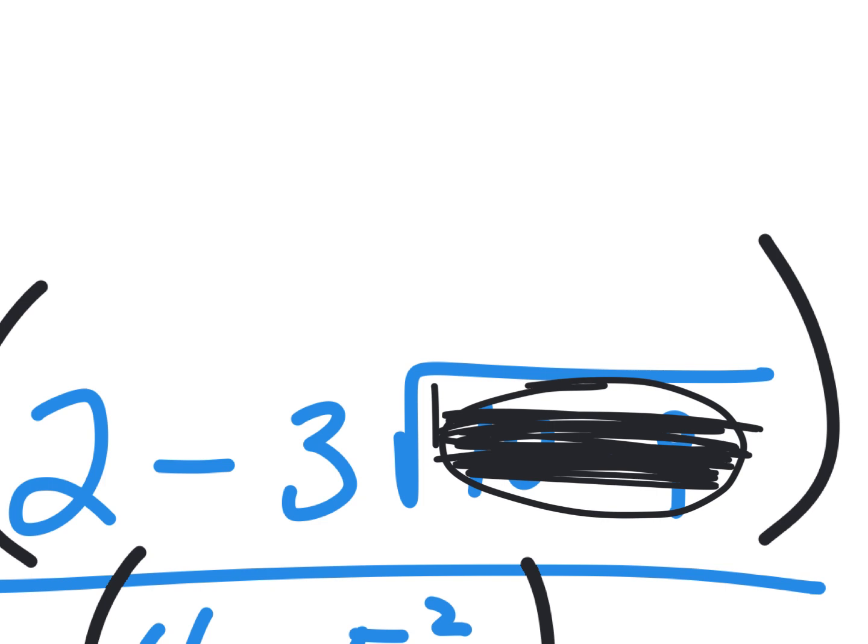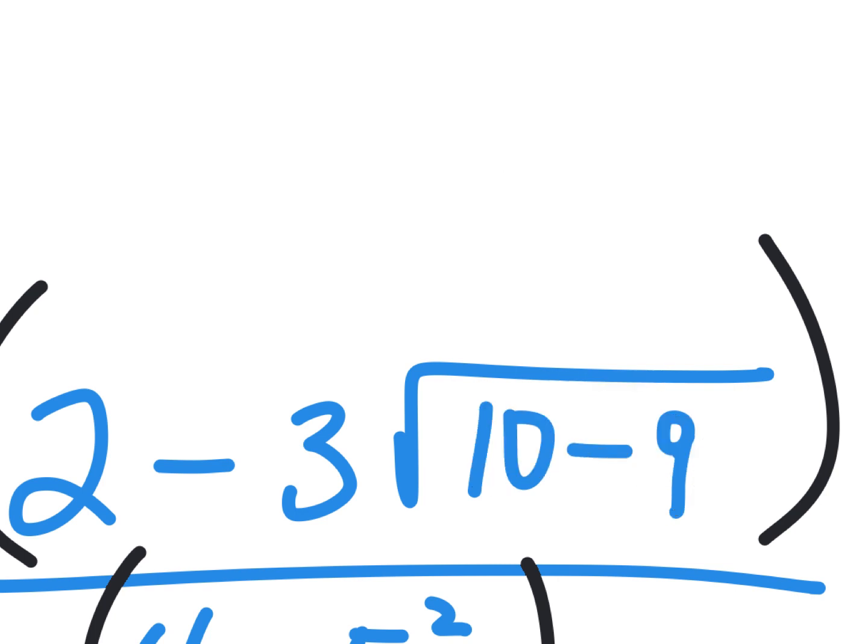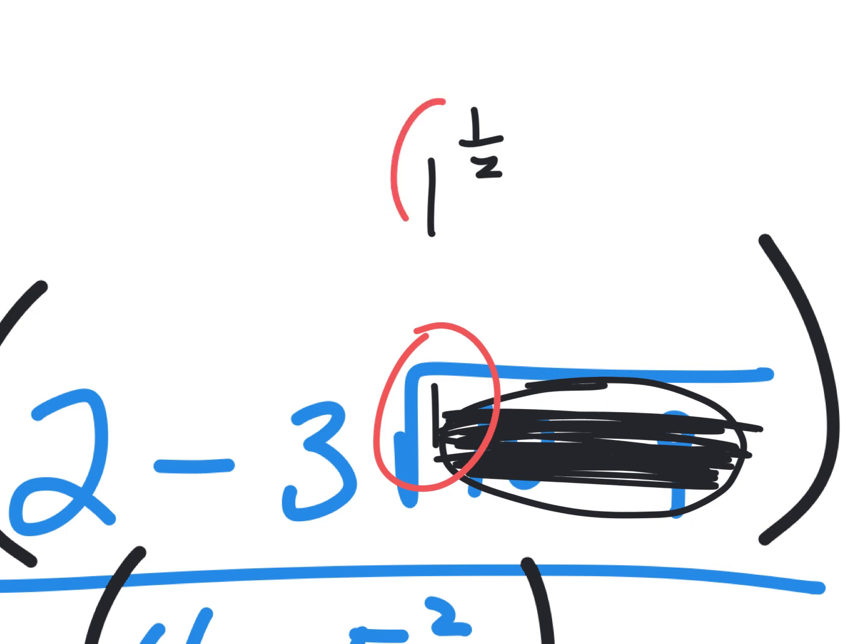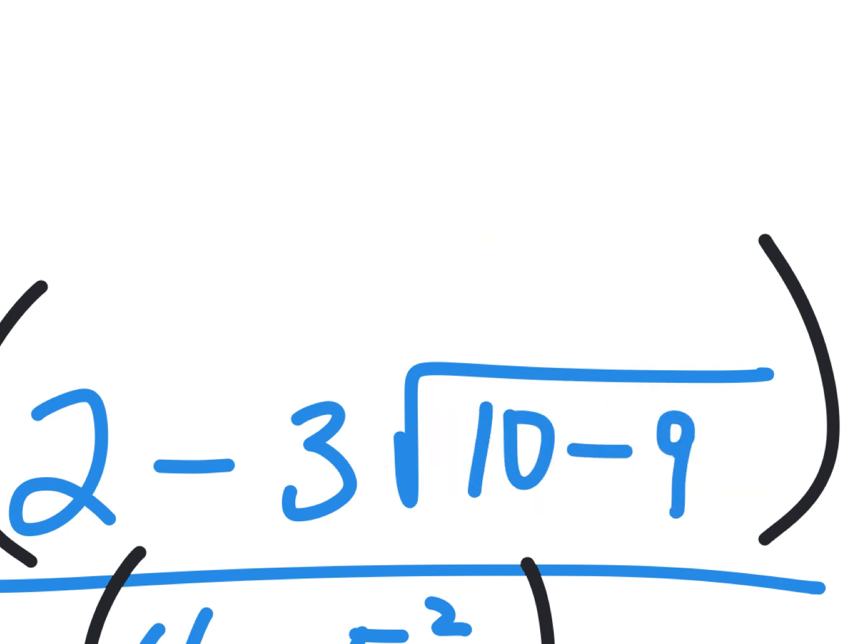Isn't that also a grouping symbol, kind of? Yeah. You probably don't know this, but the square root of 1 is really 1 to the 1/2 power. That's technically a power, so it comes next. Whether you consider it a grouping symbol or a power, either way, it's got to be next.